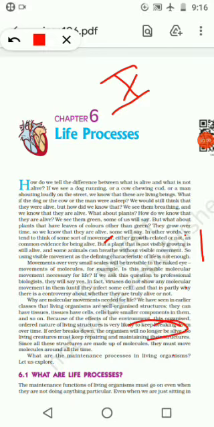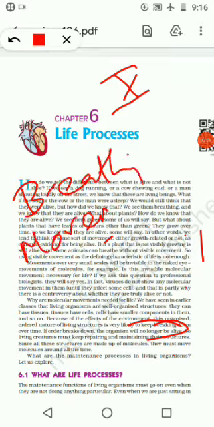So the living creature must keep on repairing. So the repair mechanism is also very important. So breathing or respiration is important, movement is important, and we also saw the repair mechanism, repair of cells, which is also very important.